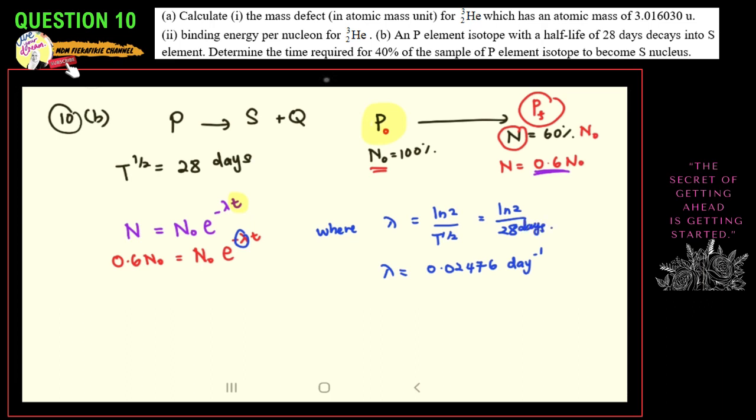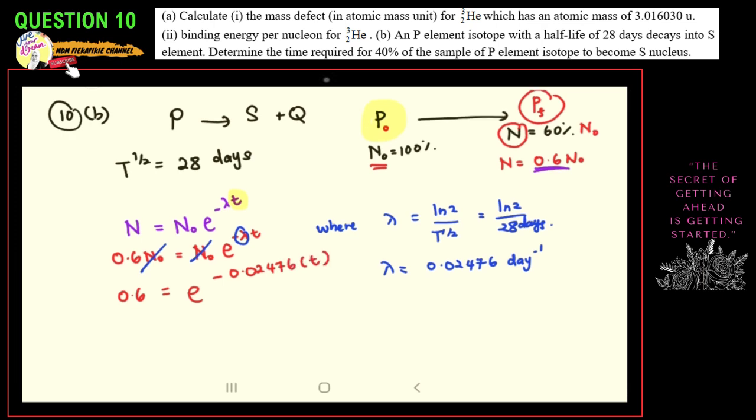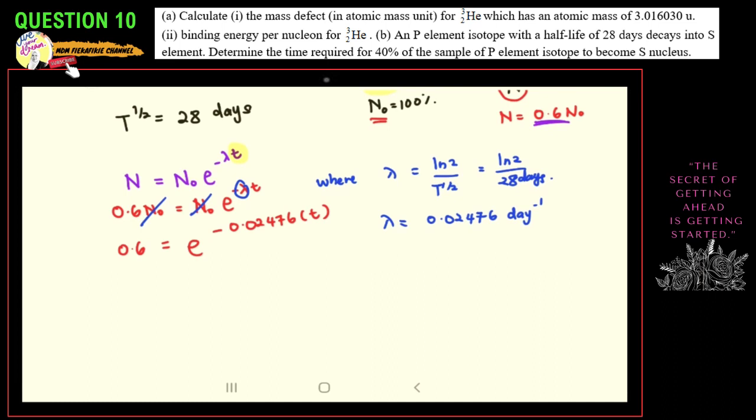N naught boleh cancel. So 0.6 equals e negative 0.02476 t. Boleh dah cari t. Yang ni boleh guna calculator terus sebenarnya, ataupun you nak buat manual, boleh take ln for both sides.